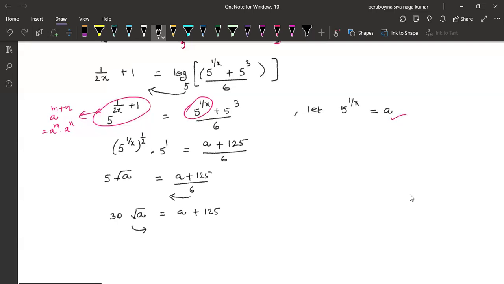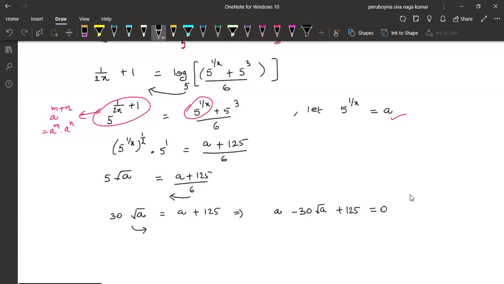And moving this number also to this side, it will be a minus 30 root a plus 125 equal to 0. I am trying to express this as a whole square.